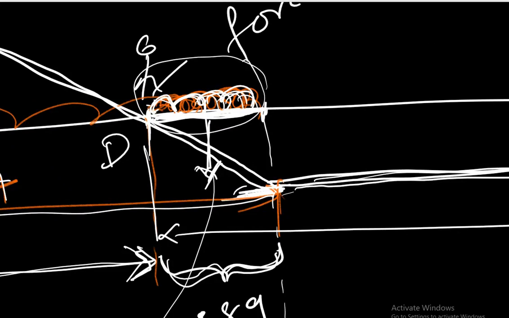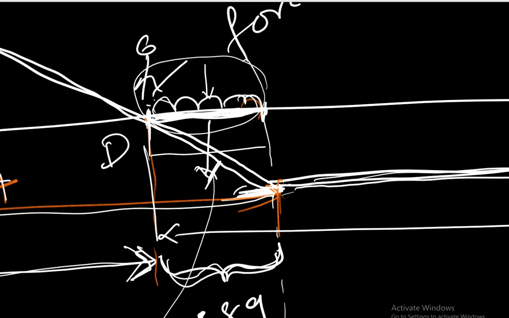Let me erase it, make it a little bit neater. Okay, so this distributed load is acting at the center of that load, right? So this distance is 0.89. So the center of this will be half of 0.89.